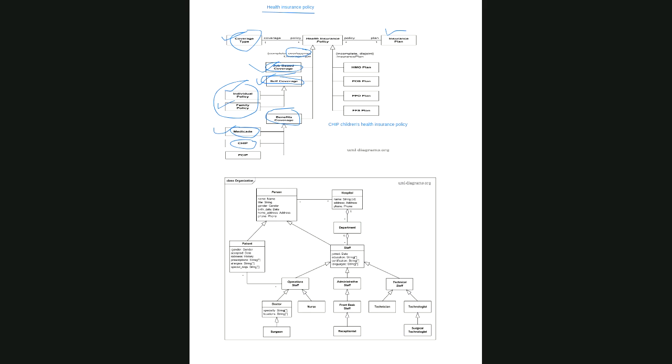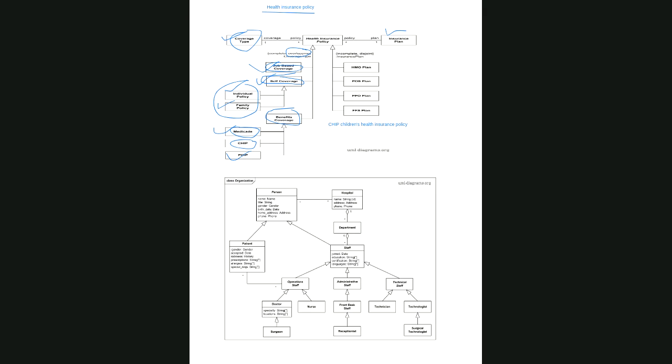People who have a pre-existing health condition and have been uninsured for the past 6 months may qualify for the pre-existing condition insurance plan. This is PCIP. PCIP is nothing but the pre-existing condition insurance plan.